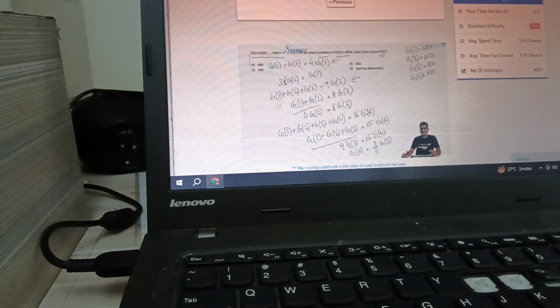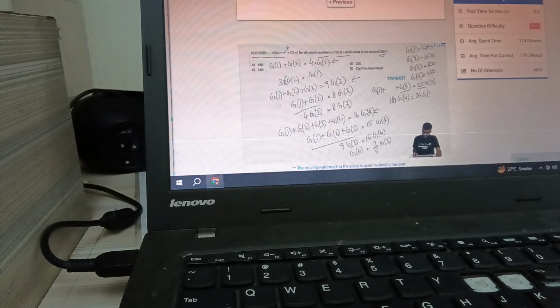Now we need to just calculate the value of g of 5. G of 1 plus g of 2 plus dot dot dot plus g of 5 is equal to 5 square, that is 25 times g of 5. Using the same logic as g1 plus g2 plus g3 plus g4 is equal to 16 times g4, 16 times g4 will be equal to 25 minus 1, that is 24 times g of 5.